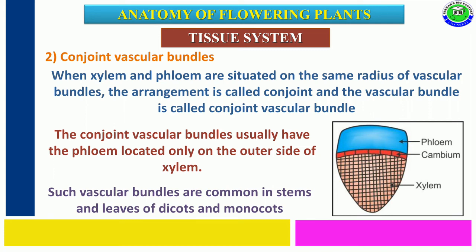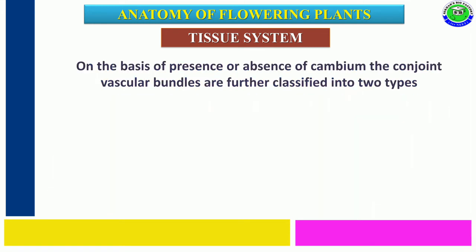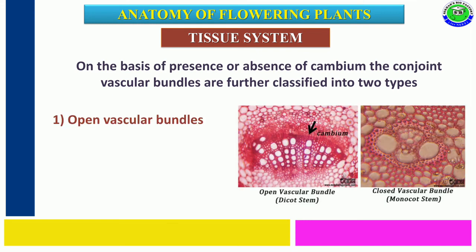monocots and dicots. On the basis of presence or absence of cambium, or secondary meristematic tissue, these conjoint vascular bundles are again of two types. One is the open type of vascular bundle, which consists of cambium. The closed type of vascular bundle does not consist of cambium.